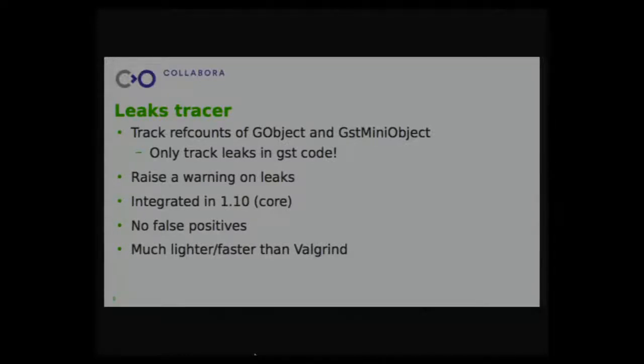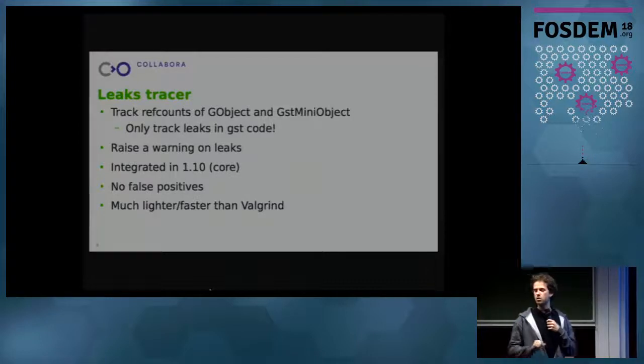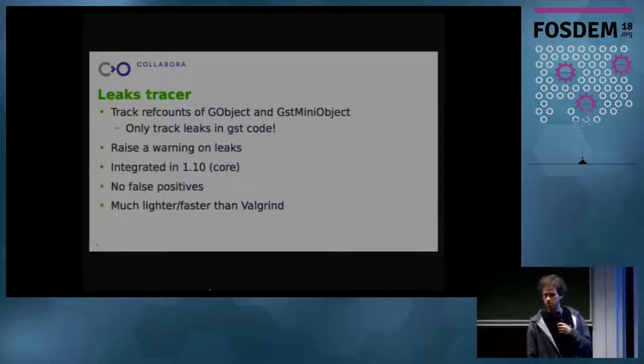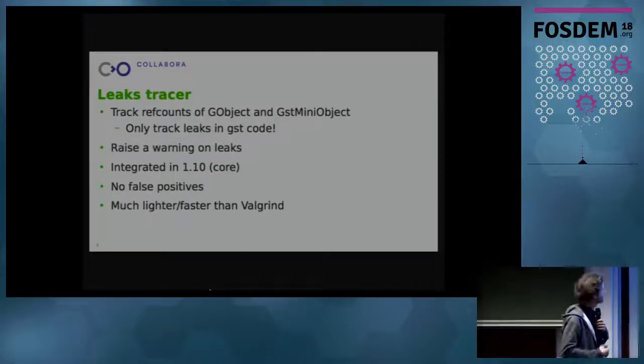So for that, I developed the leak tracer, which is using the new memory system hooks in GStreamer core, and which will manually track the ref counting of each GObject and GstMiniObject. That means that only the GStreamer code will be tracked, which is actually what we want here.